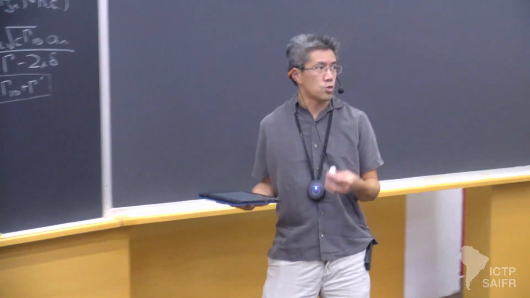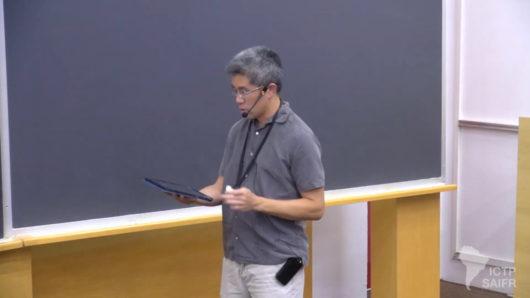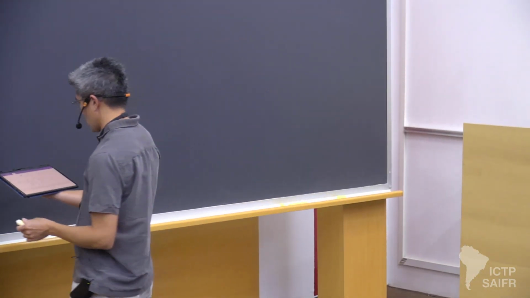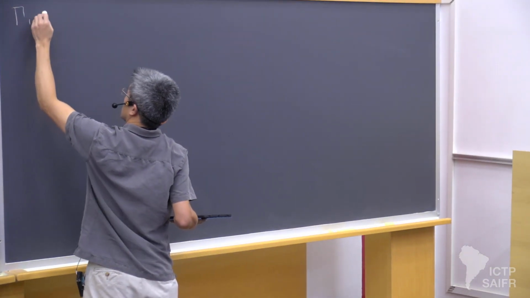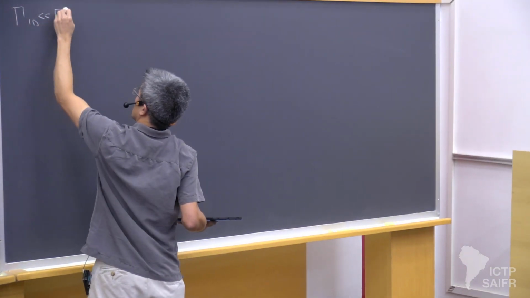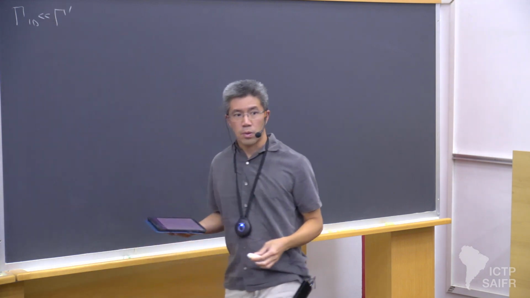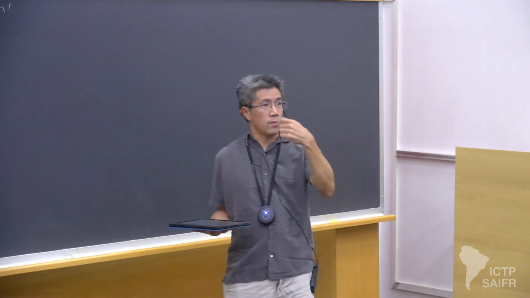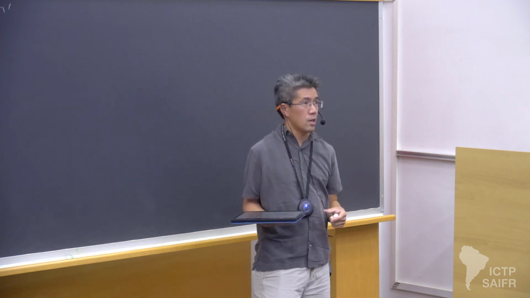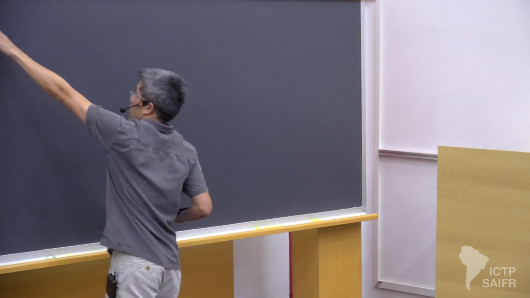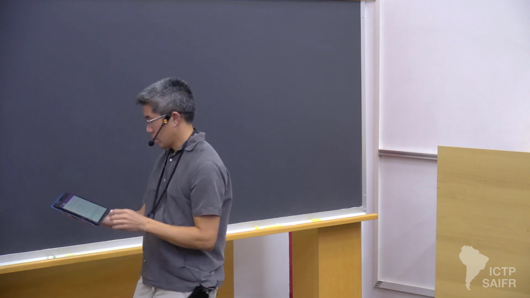Let me just draw it out so that it makes more intuitive sense. Pictorially, let's take the realistic regime where gamma 1D is much smaller than gamma prime. So that's the realistic case. If you have an excited atom, it only emits into your Gaussian beam a few percent of the time, whereas most of the time it's actually lost.